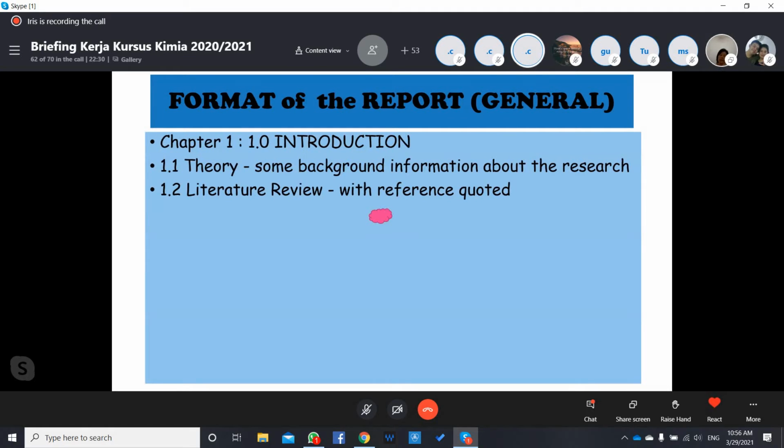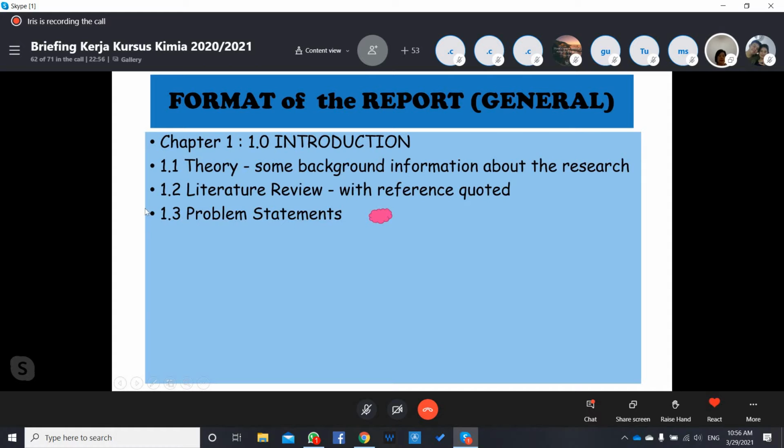Ataupun you use the same sample, but you change the method a bit or some process. So jadi you will have to write the reference quote lah, citation daripada sumber mana, what organization have done this, what is the outcome, what is their result dan sebagainya.